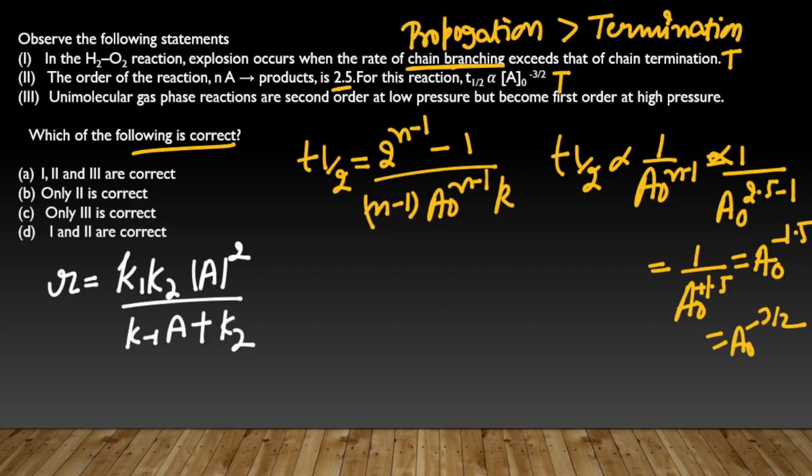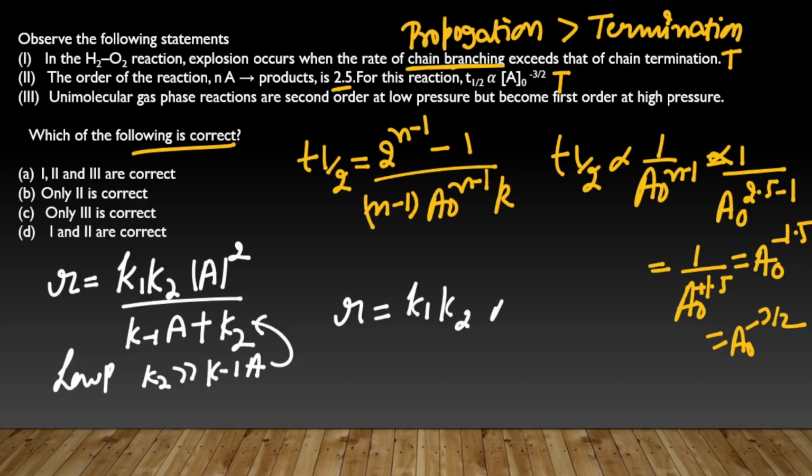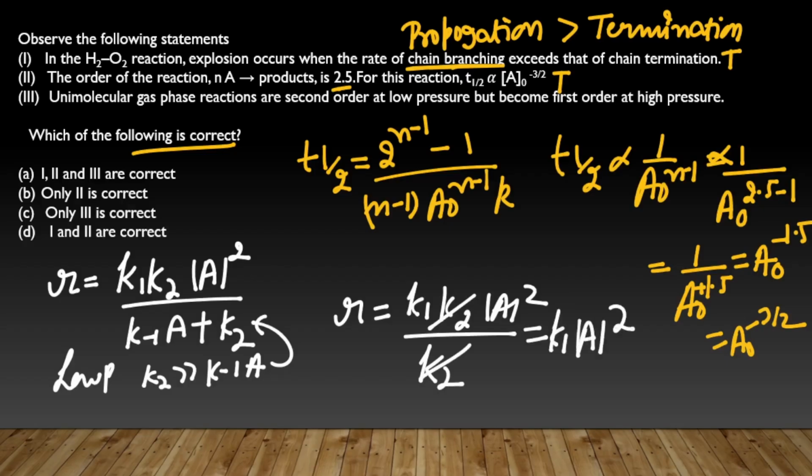They are saying at low pressure, which means K2 is much greater than K inverse of A. Using this in the above expression, rate will be equal to K1 K2 A square upon, now K2 is much greater, so in the denominator you have K2 only, so this gets cancelled out, so the rate expression will be K1 into A square only. So rate is proportional to A square, that means it is of second order kinetics, right?